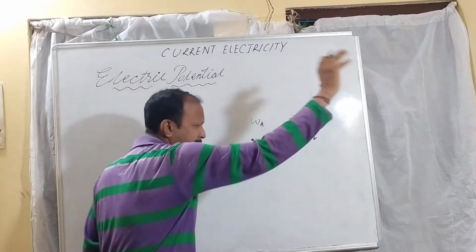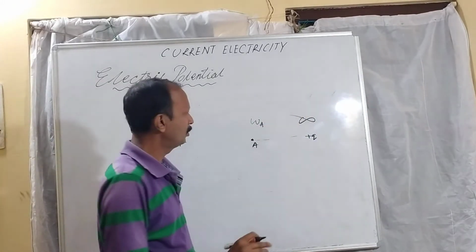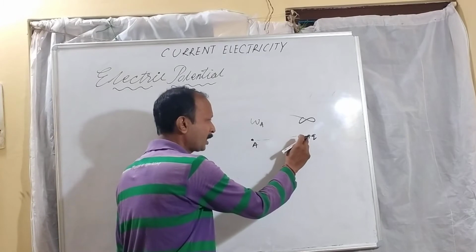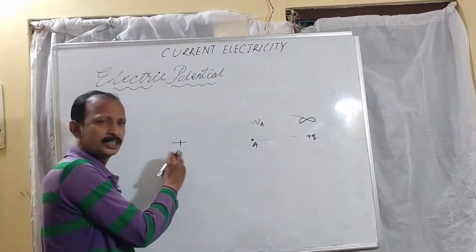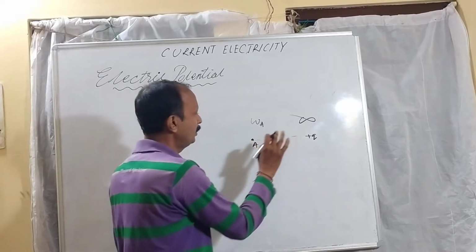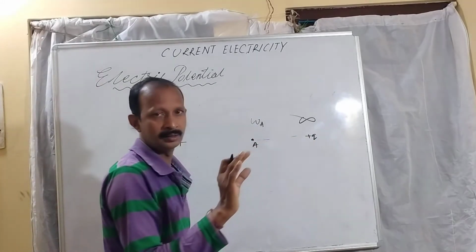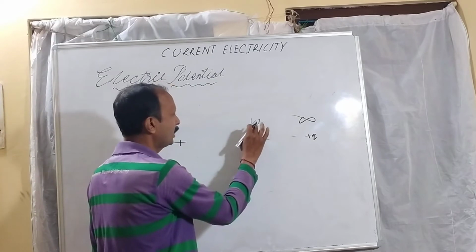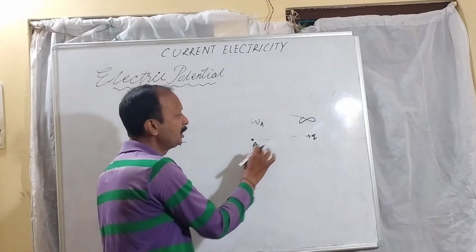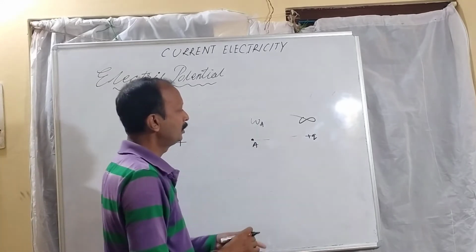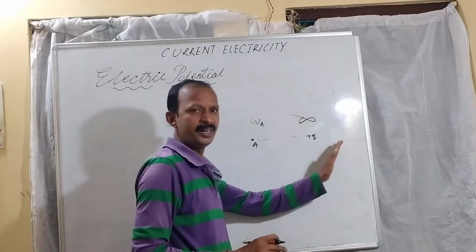It will repel, again it will go back. So I have to do the work against the repulsive force exerted by this big charge particle. So definitely some work will be done. That work you think is WA. I have mentioned work done at the point A to bring the charge particle from infinity to this point.